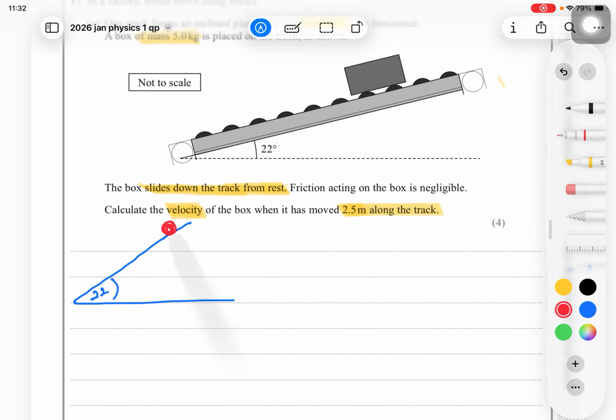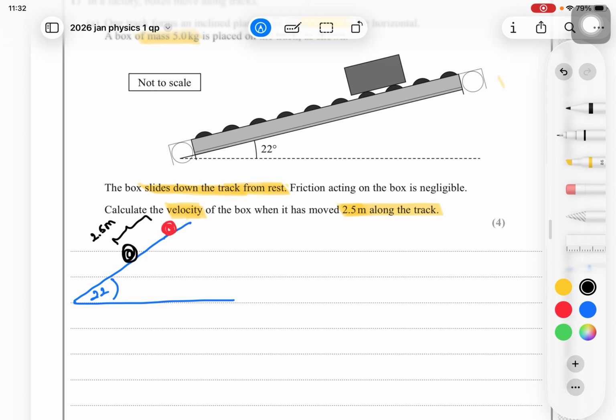Now it has moved to this position, which is 2.5 meters. So this is the distance that it has moved. I'll write it on the other side, from here to here. It's going to be 2.5 meters.